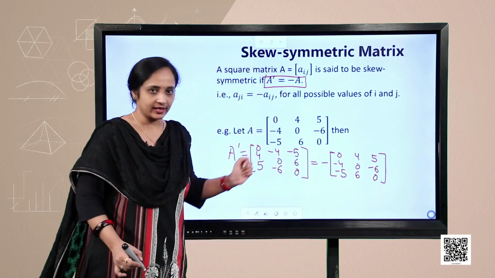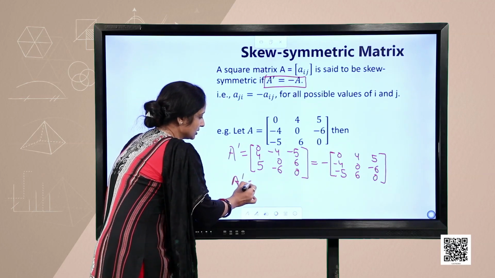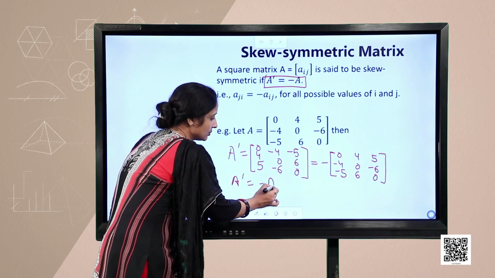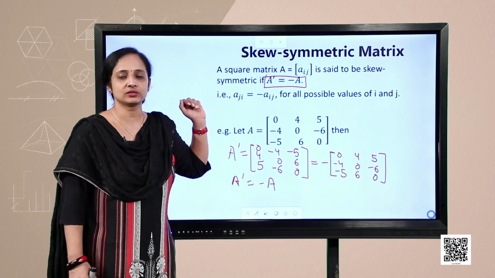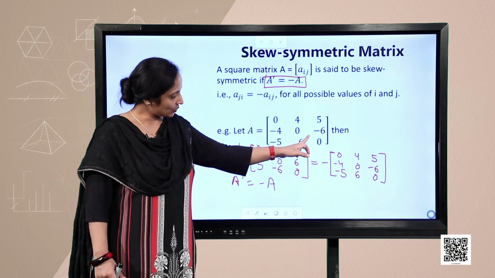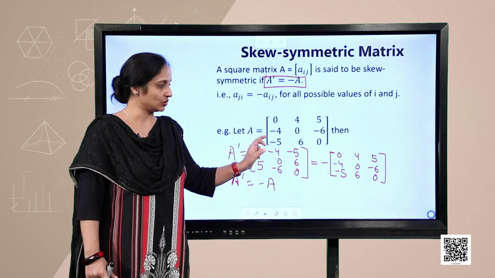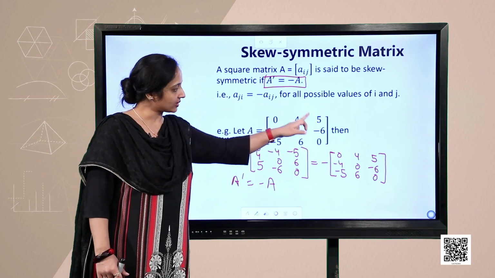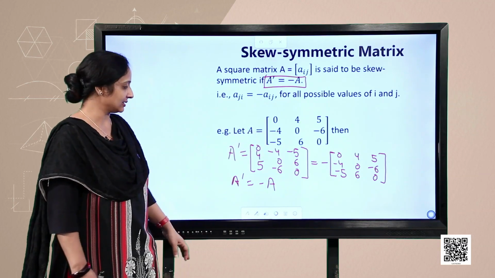Now can you see the connection? Yes, you can say that A transpose is equal to minus A and this is a skew symmetric matrix. Also you can see that all the diagonal elements are zeros and all the non-diagonal elements are differing just by the minus sign.